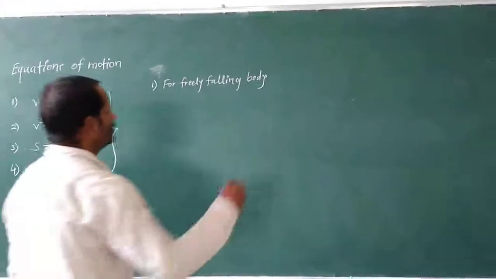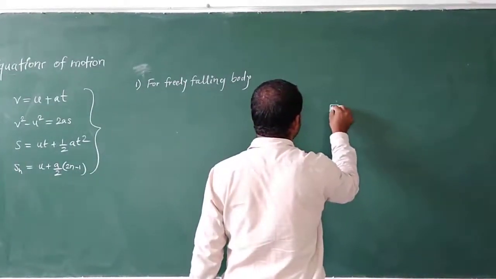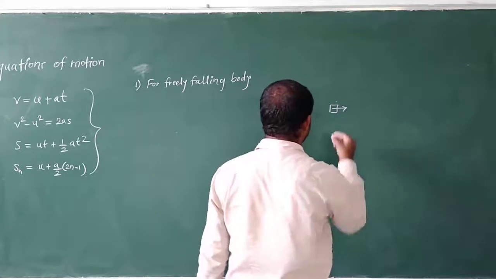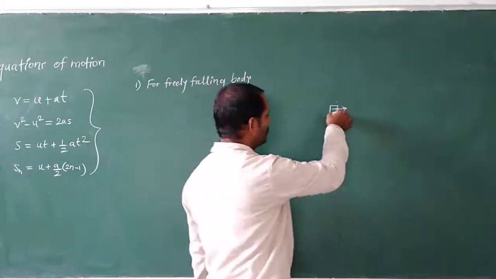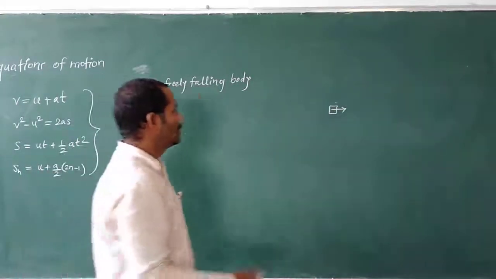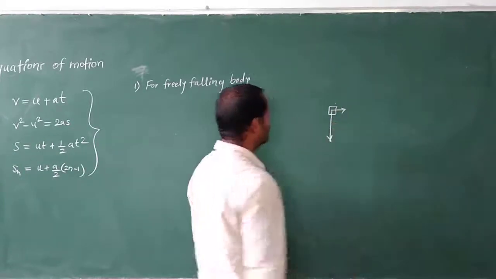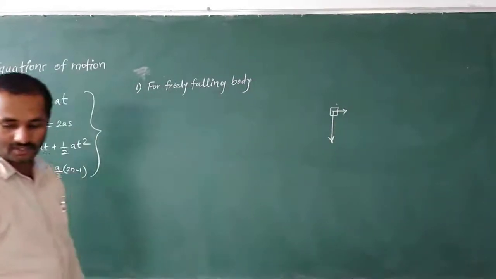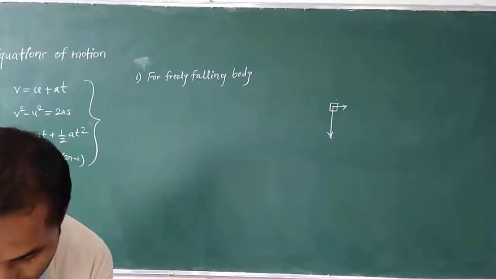So consider, suppose here is one chalk. तर माझ्याकडे एक चॉक आहे, मी हा असा खाली इथून सोडत आहे, तर हा फ्रीली फॉल होईल. तर याच्याशी रिलेटेड इक्वेशन ऑफ मोशन कशी चेंज होत आहेत ते आपण आता बघायचं आहे.